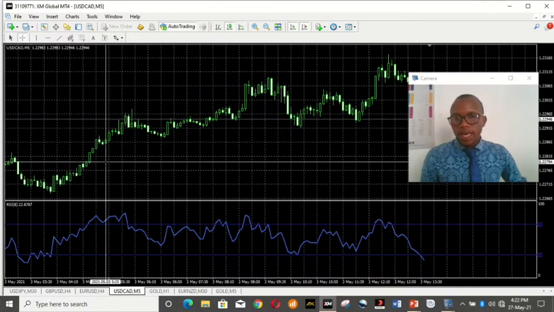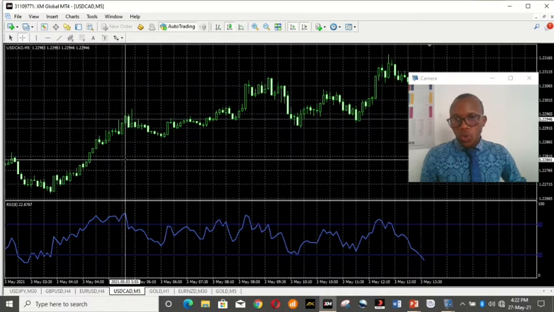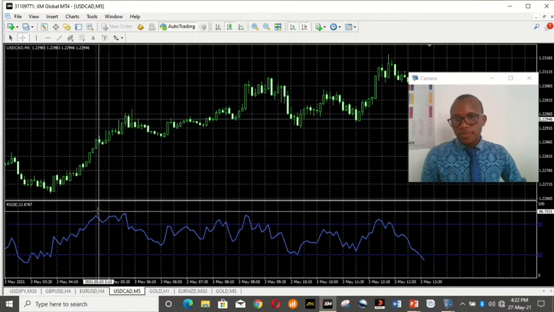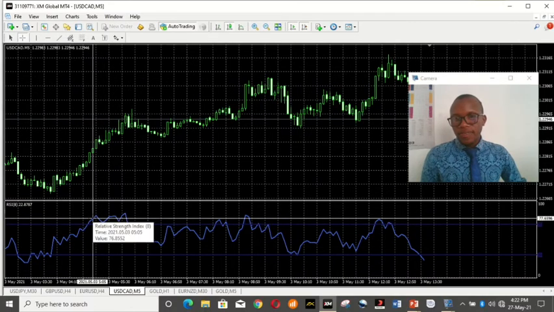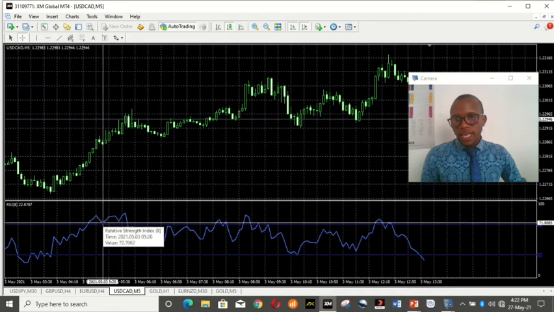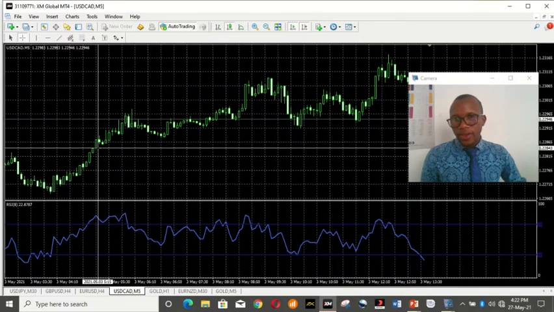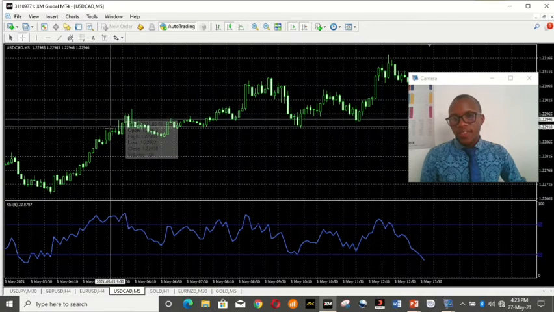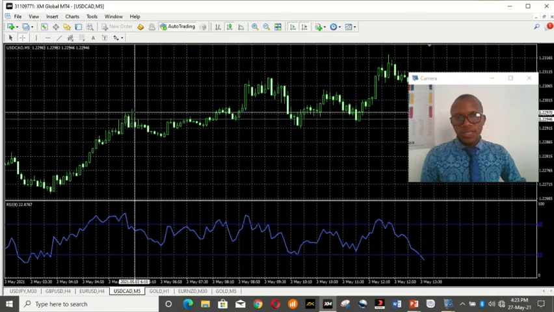Instead, you wait for the market to show you that it's about to go down, then you pull the trigger. You see here, the market is above 70 and the RSI is giving you a false signal of going down, while the market is still bullish. It's giving us higher highs and higher lows.